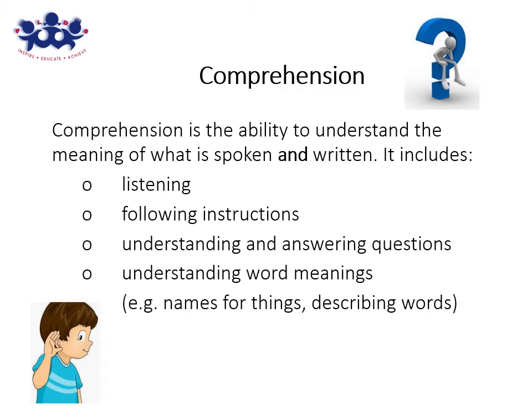So for following instructions, you'll see the goals along the bottom of the comprehension page, and they increase in length and complexity as you go across. So when we're giving an instruction, we need to consider the number of steps that we are asking. So for example, brush your teeth is a much easier instruction than brush your teeth, put your PJs on and choose your book.